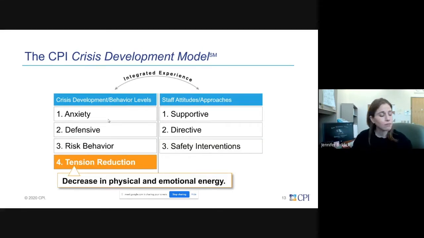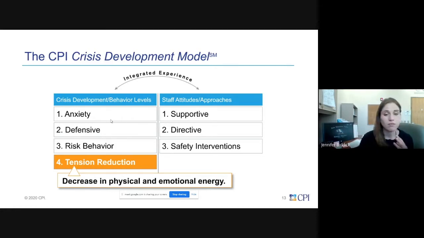So then our last level here, which could occur after levels 1, 2, or 3, is the tension reduction. So after that learner maybe goes through that anxiety, defensive, or risk behavior level, they would experience tension reduction in which there's a decrease in their physical and emotional energy.